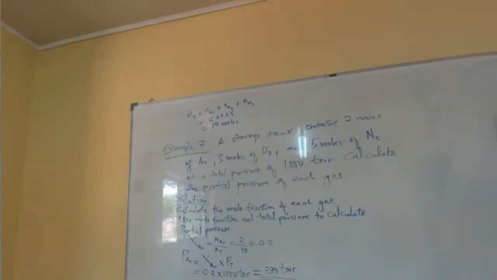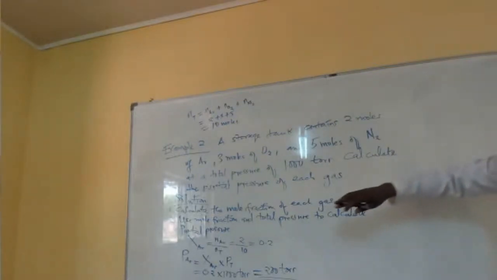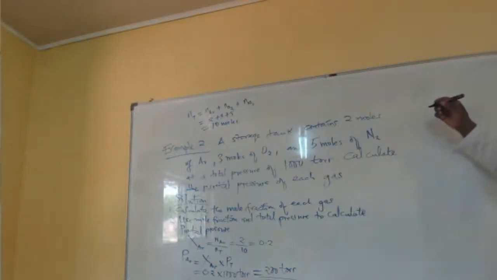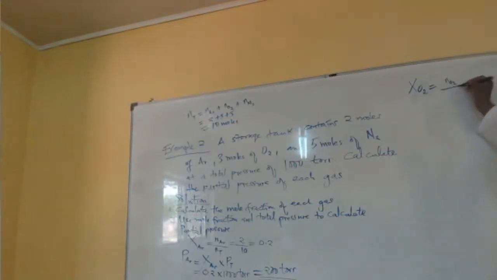So we come this side. So the first thing again that we do for oxygen is to calculate the mole fraction. So the mole fraction of oxygen is equal to number of moles of oxygen divided by the number of moles in the container, which is the total number of moles. So what we're going to have there is number of moles of oxygen is 3/10. So that will be equal to 0.3.